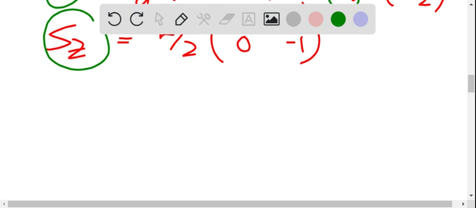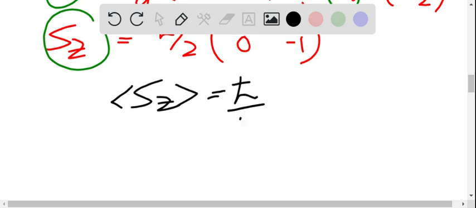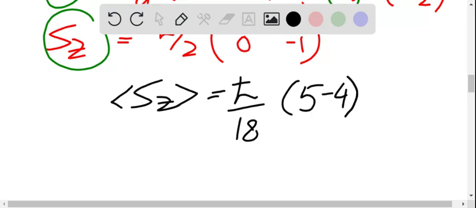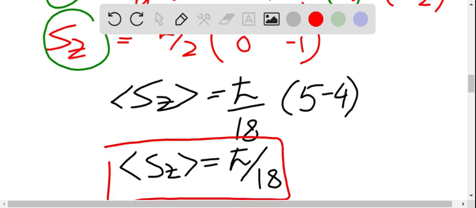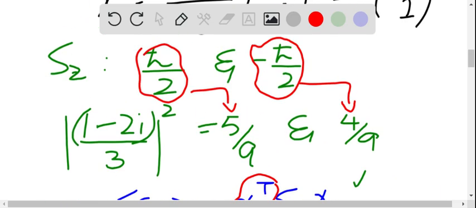You just need to simplify it and you will get that the expectation value of S sub z is equal to h cross divided by 18 times (5 negative 4), so this would be equal to h cross divided by 18. So this is the solution for part B, along with these probabilities and possible values of S sub z.